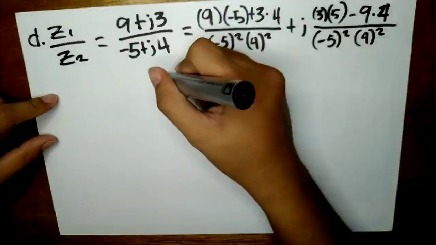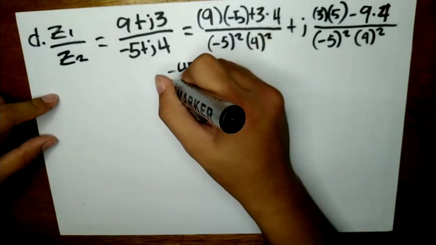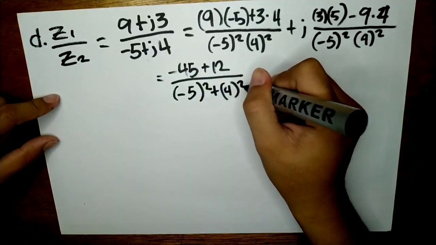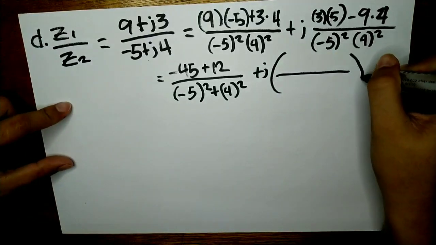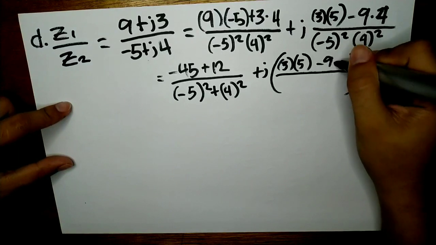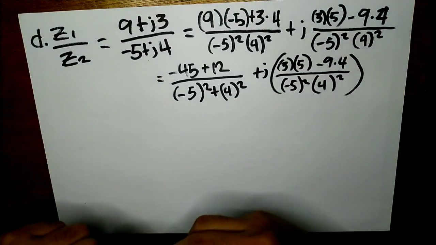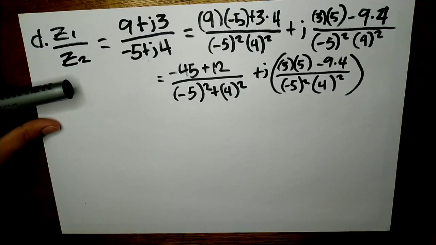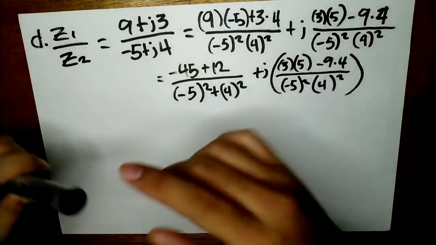Let's go. Now, after we've done that one, we need to add this negative 45 into 12.